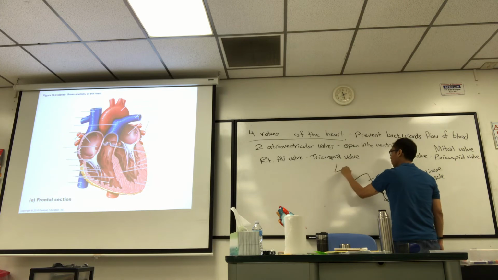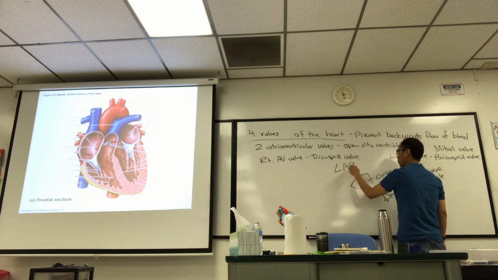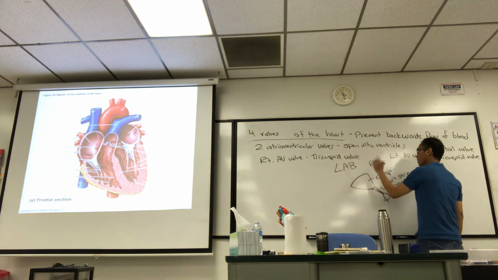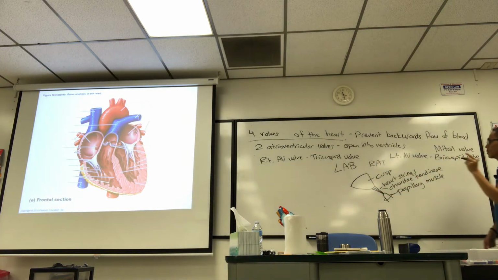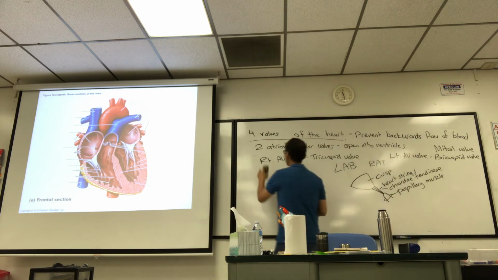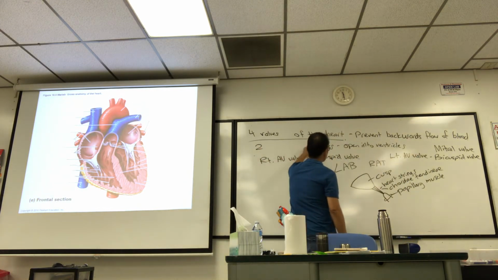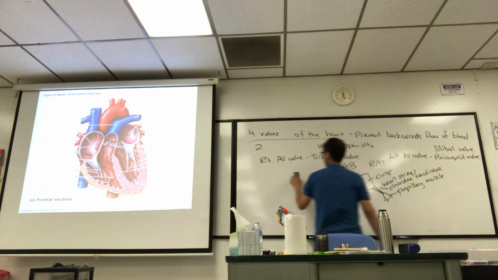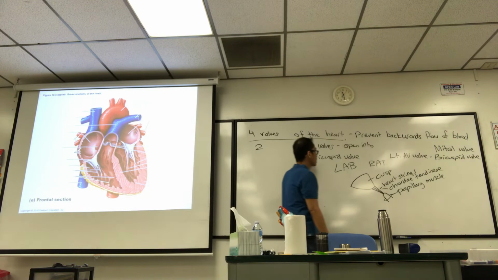If you have trouble trying to figure out which one's bi, which one's tri, just remember lab rat. Left atria bicuspid, right atria tricuspid. Okay, just not to confuse one with the other. The other two are semilunar valves. They open into arteries. Let me erase this.